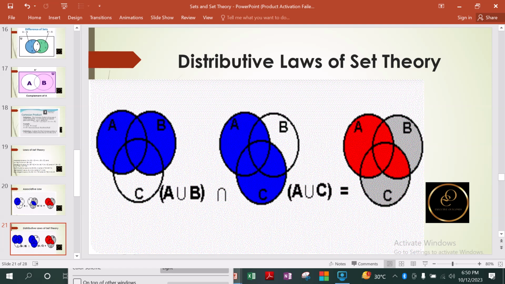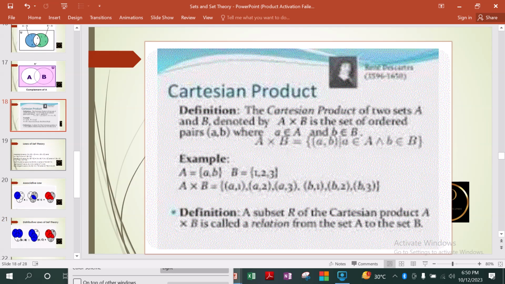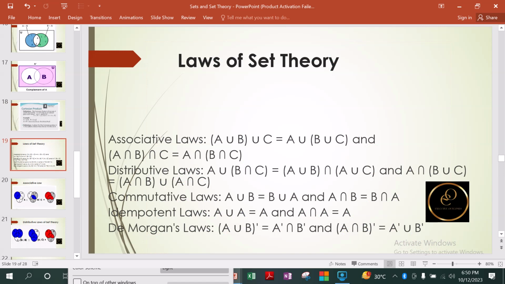Okay. So we go on to look at the next, which is the commutative laws. That tells you that A union B is equal to B union A. So commutative law simply indicates that you can carry out the operations, and despite swapping the elements, the result will still be the same.